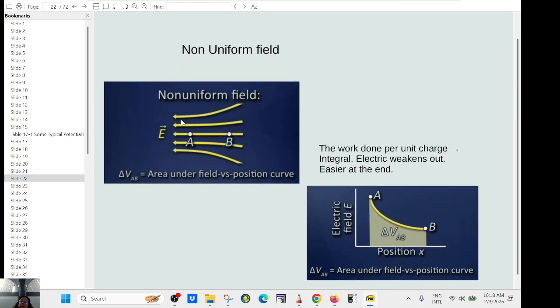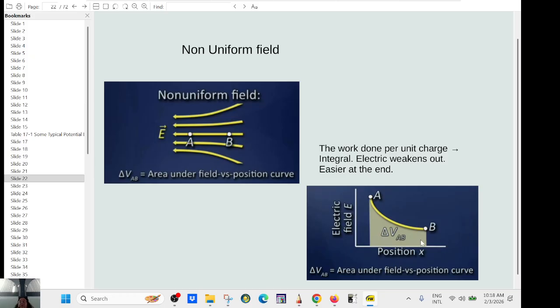Okay, so we have seen that if the electric field is not uniform, between A and B, first it's going to be very hard, and then it's going to get easier because the electric field is decreasing. So the work done will be the integral under the curve, right?